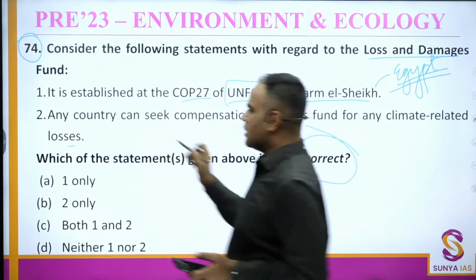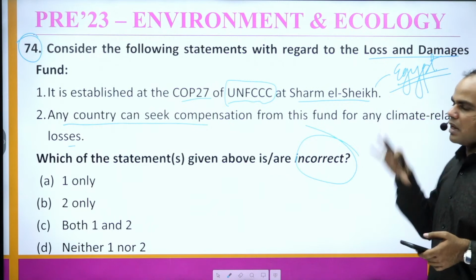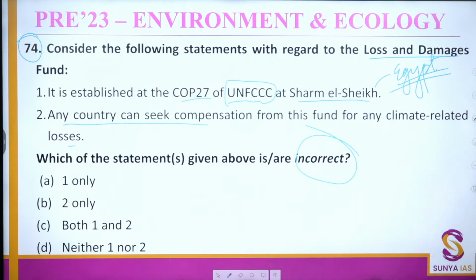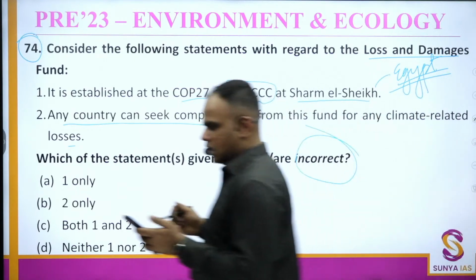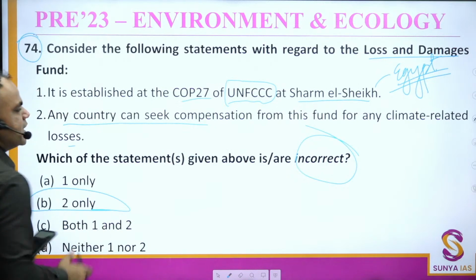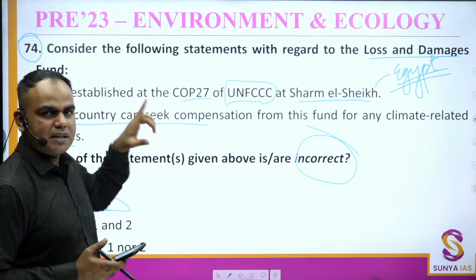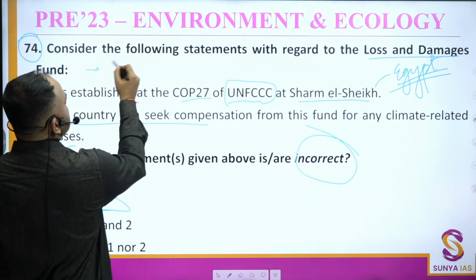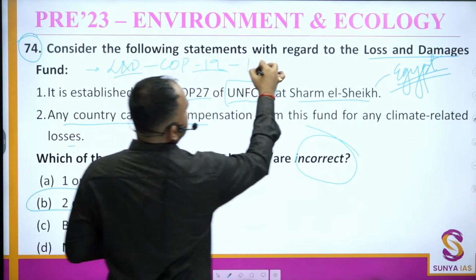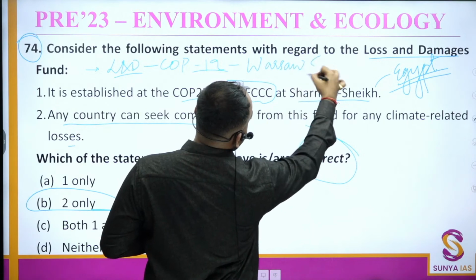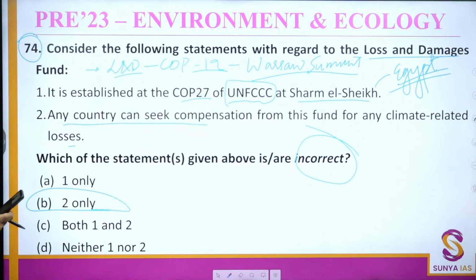Vulnerable countries and middle income countries can seek compensation from this fund. The question is asking you incorrect, so for 74, 2 only is incorrect. One thing: the loss and damage fund was created in COP27, but the loss and damage idea came in COP19, at the Warsaw Summit.